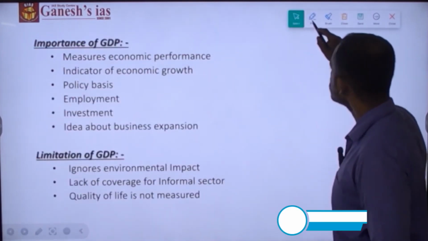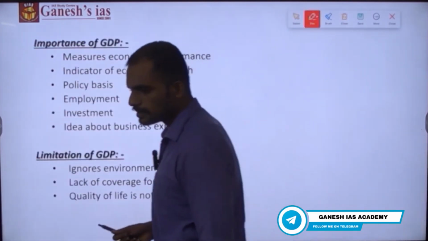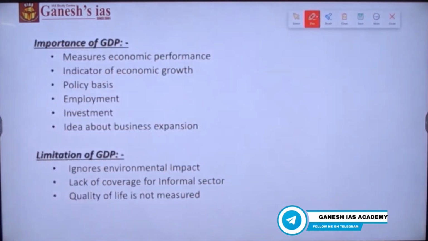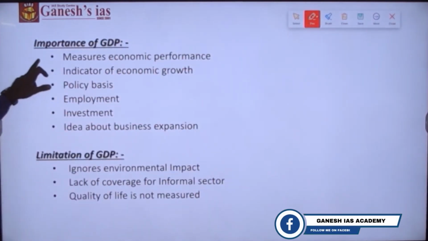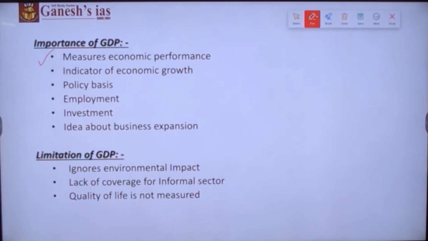Okay, what is the importance that gross domestic product and its measurement bring to an economy? First, it can measure economic performance so that we can find out where we lag and where we have performed better, so that we can make policy accordingly. Similarly, it acts as an indicator for economic growth.